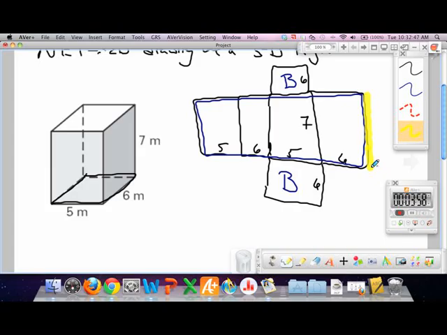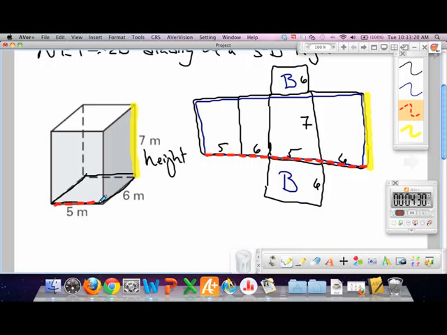We'd also like to know what that length is. What does that red dotted line correspond to in our original drawing? 5, 6, 5, 6. So this is the perimeter of the base.